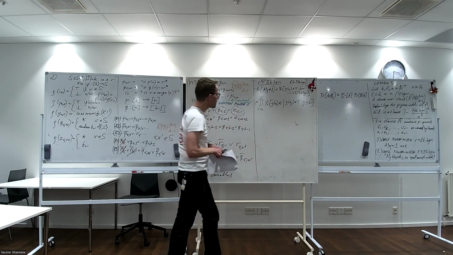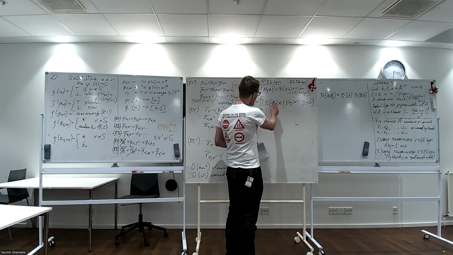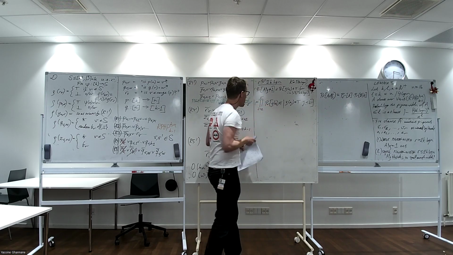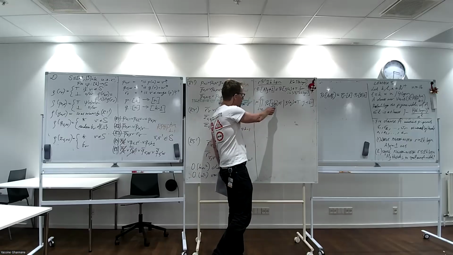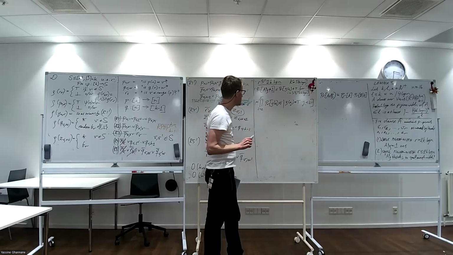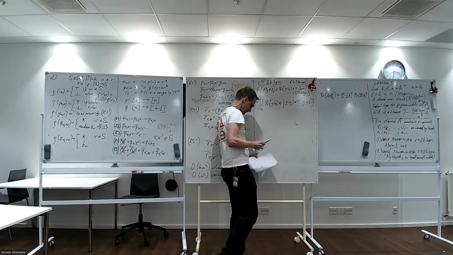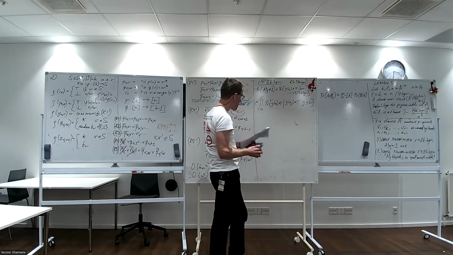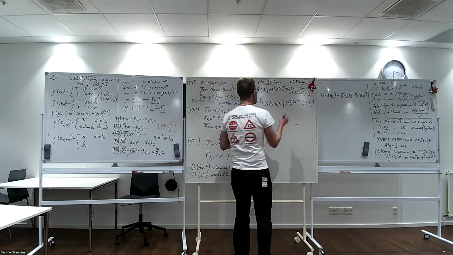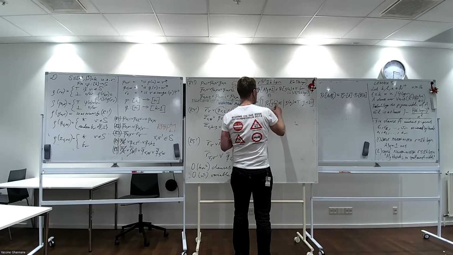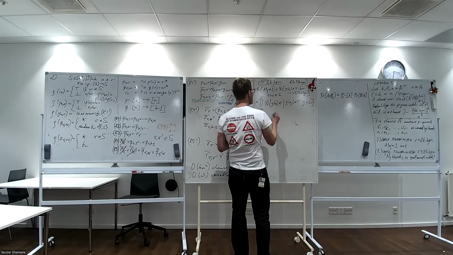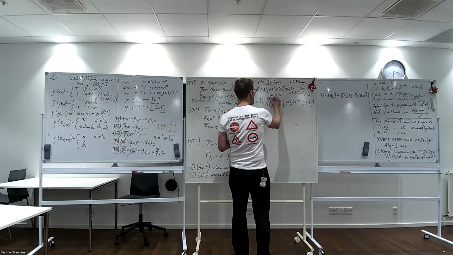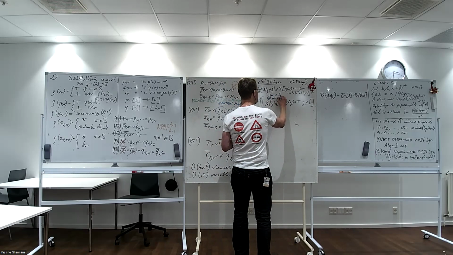Okay, let's think about what could happen here. How could this happen? There are two cases. It could be that V_i is picked. It could be that the coin flip is wrong.